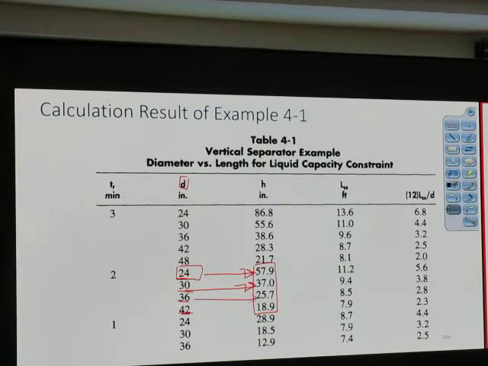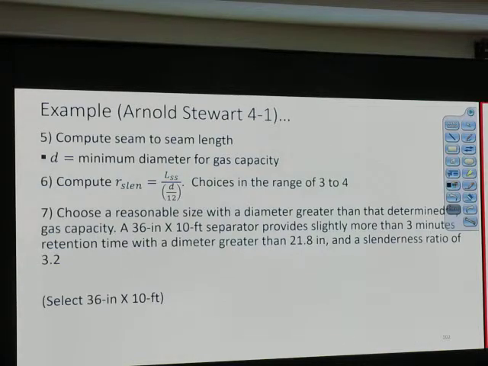Once we know h, we calculate seam-to-seam length. Once we know seam-to-seam length, we calculate slenderness ratio. And we select the slenderness ratio that is between the recommended range. In this case, the slenderness ratio is between 3 to 4.